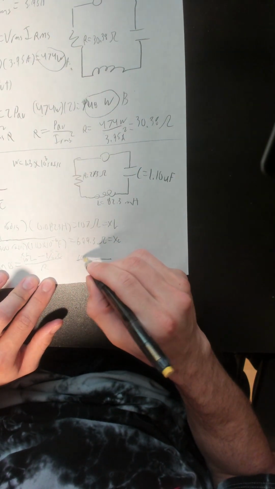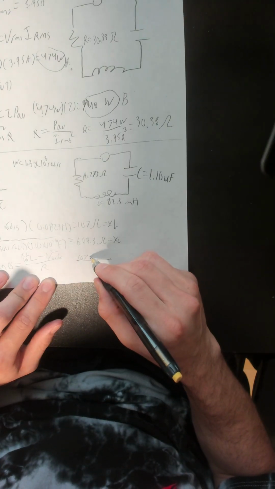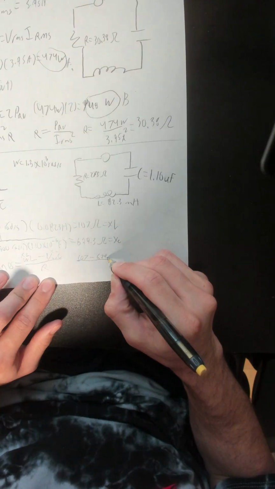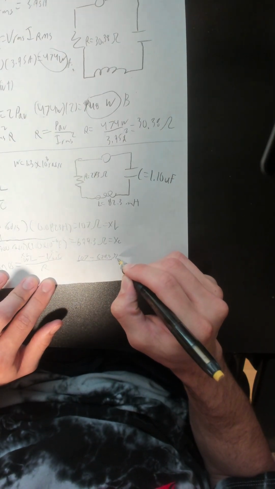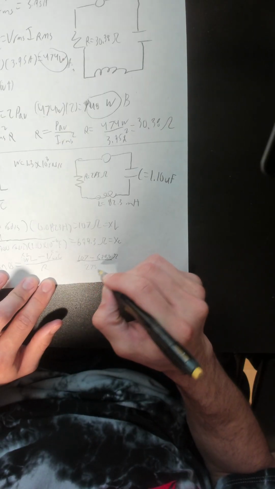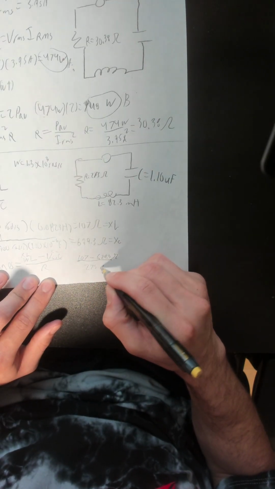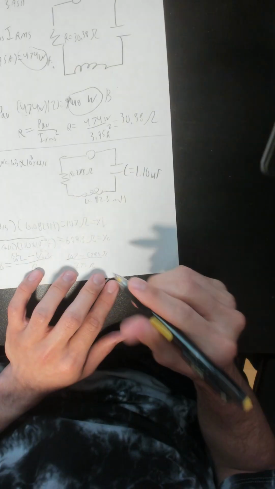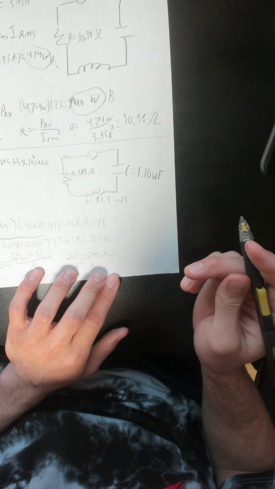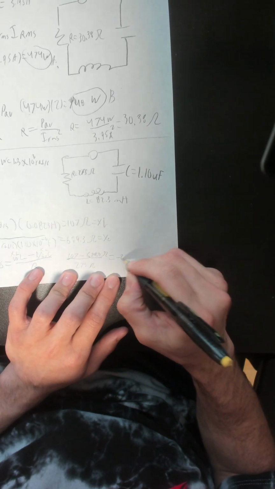That'll be 107 minus 699.3 ohms over 275 ohms. This is about negative 2.15.